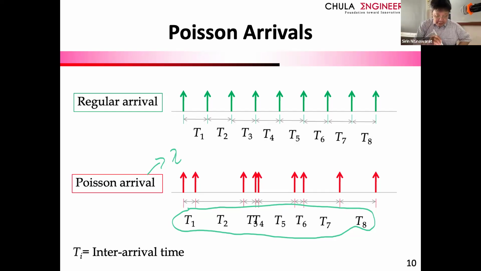Let's say this is the first customer, this is the second customer, to forget ourselves about the origin, right? Because the origin may not be the arrival time of any customer. Let's say I already know the marginal distribution of T1, and I already know the marginal distribution of T2.